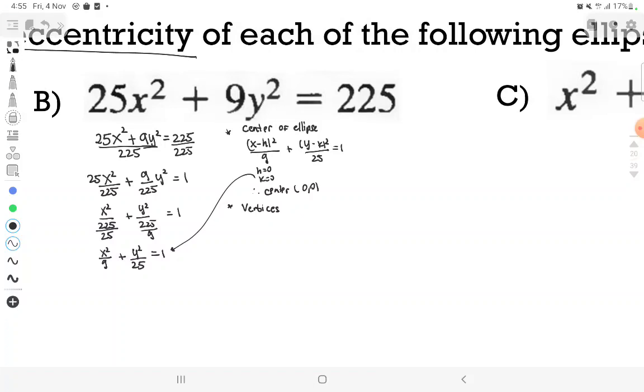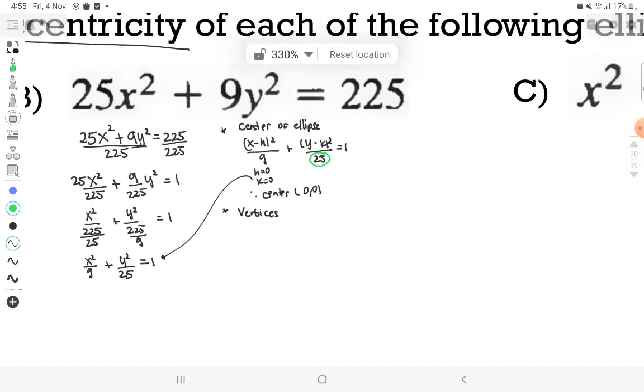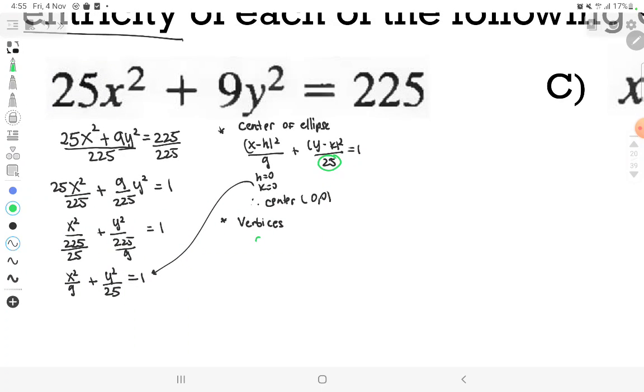Take note that we have a greater value at the denominator of our y squared, so therefore we may conclude that this is a vertical ellipse, wherein solving for our a, we have a squared is equal to 25, getting the square root of both sides, our a is equal to 5.